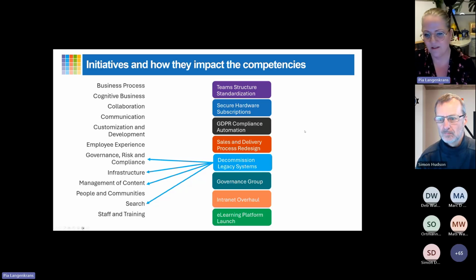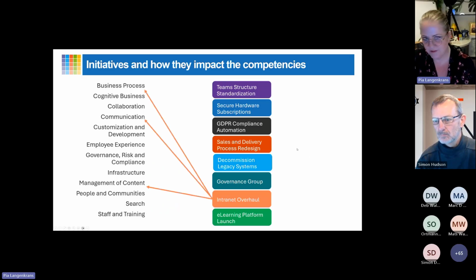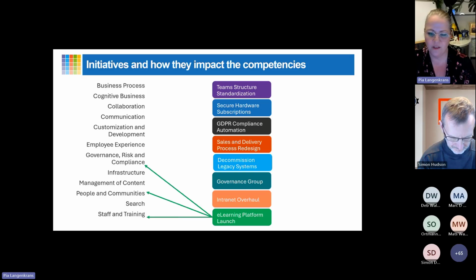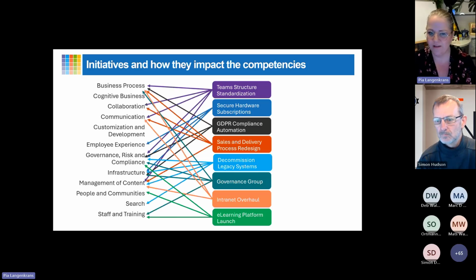And then we have the internet overhaul, that has impact on so many things, even though that's usually a smaller initiative. And the e-learning platform is also small, but all of the other things are dependent on it. So looking at this, yeah, it's a big mess, but even though not everything was touched on, almost everything was touched on.